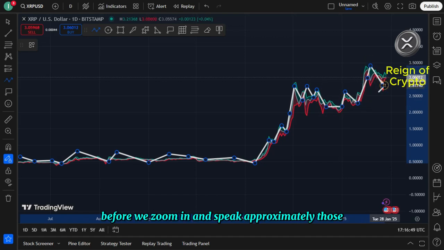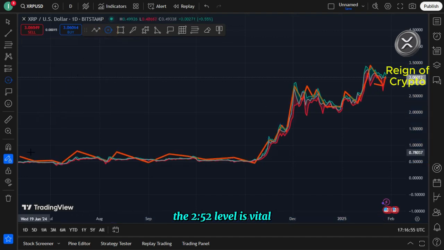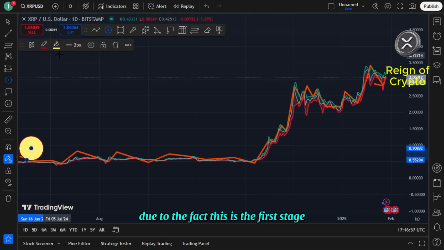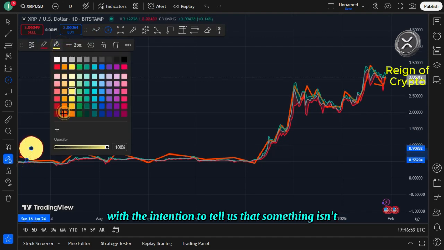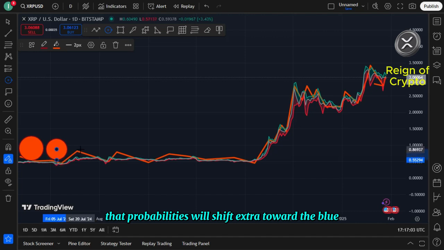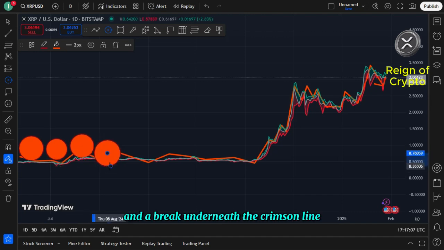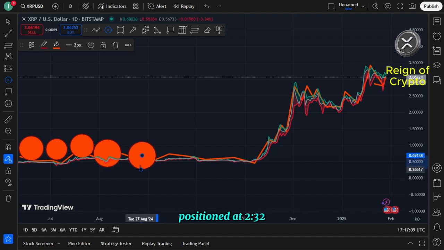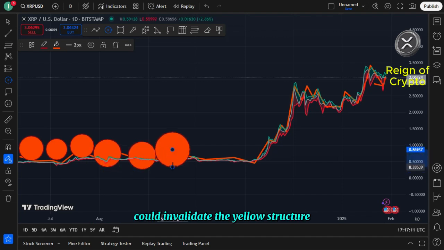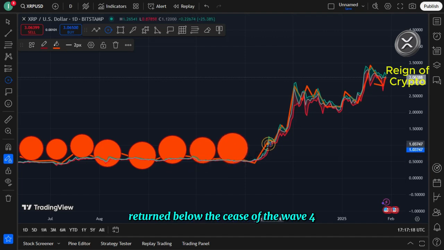Before we zoom in and talk about those further, from a bigger picture point of view, the 252 level is important because this is the first level that will tell us that something isn't right, that probabilities will shift more toward the blue alternative scenario, and a break below the red line located at 232 would invalidate the yellow structure, because the price would then break back below the end of the wave 4.